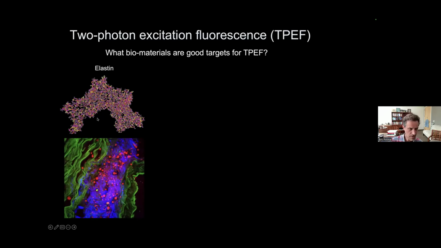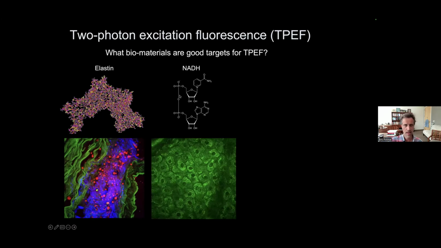Okay, elastin, of course, is a fibrous protein, and it contributes to the rigidity and elasticity in lots of tissues, but it also actually has a chromophore quality to it, and it emits.